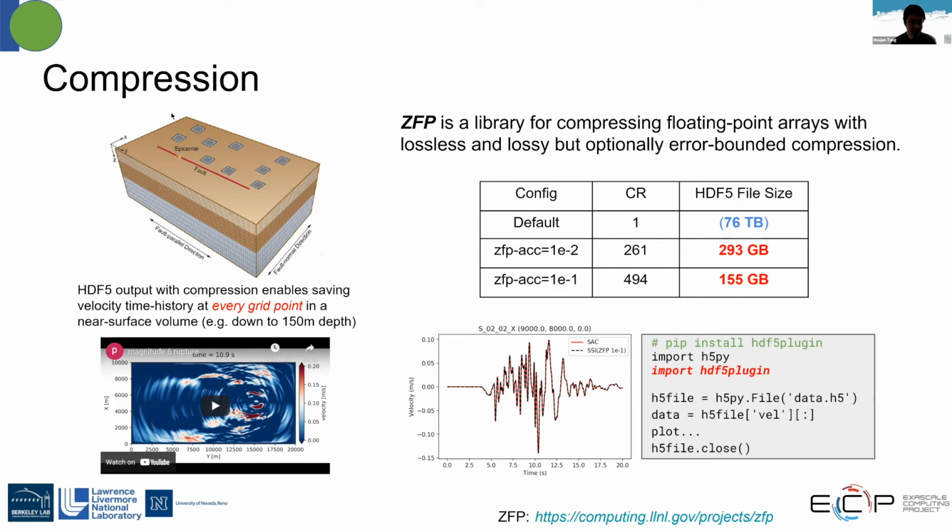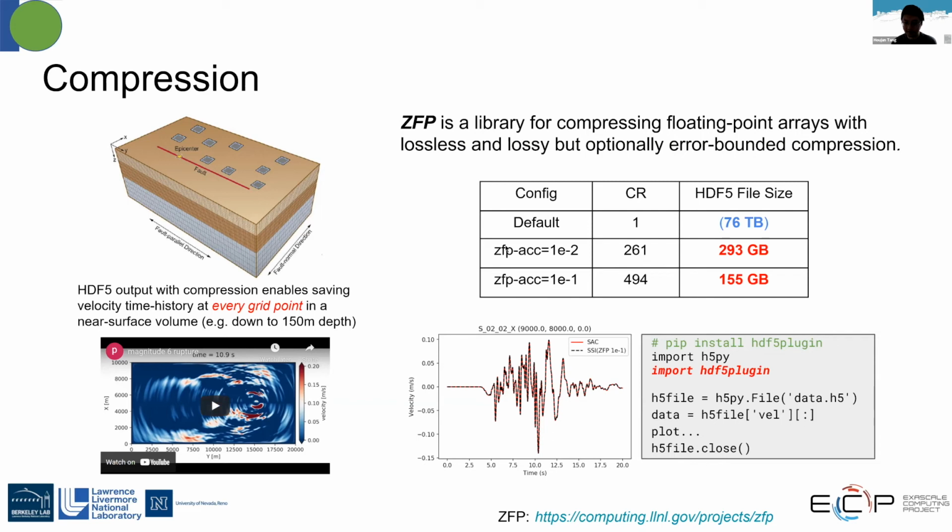So compression comes to the rescue for us, and currently we have explored a compression library called ZFP. We are using lossy compression, since we have found that even if it is lossy, the accuracy is still acceptable in the main use cases. One is for the building analysis, and the other one is for plotting the surface motion data.